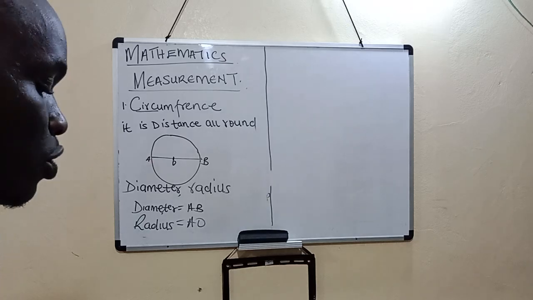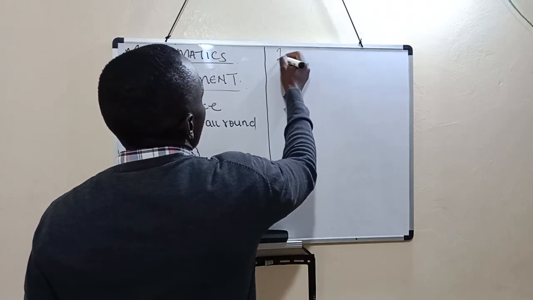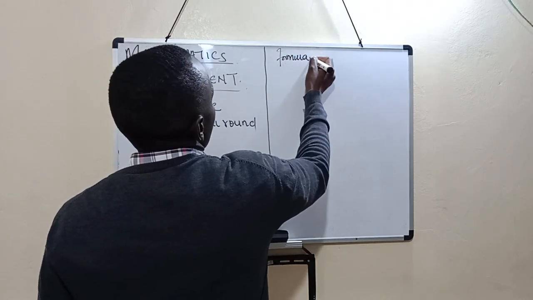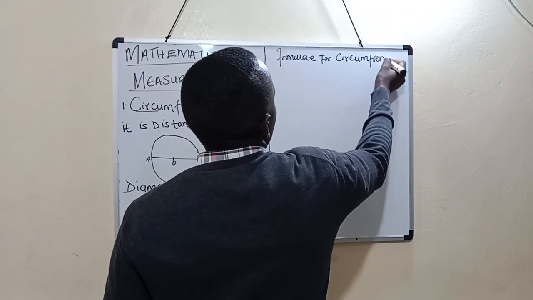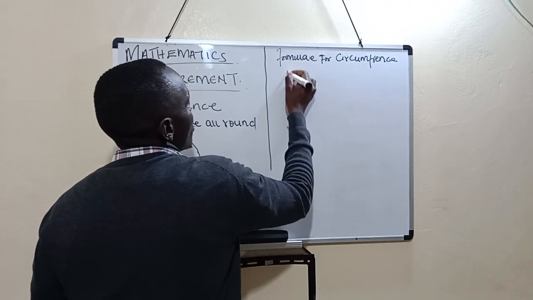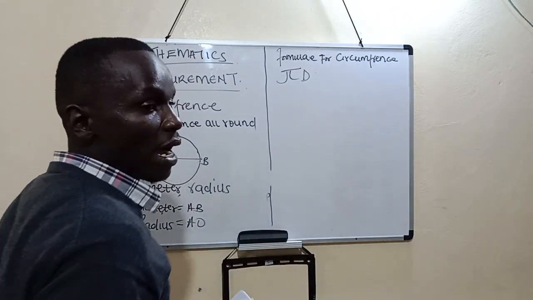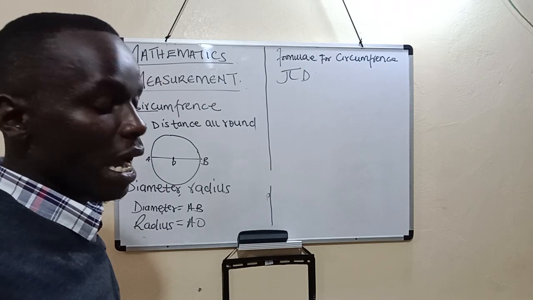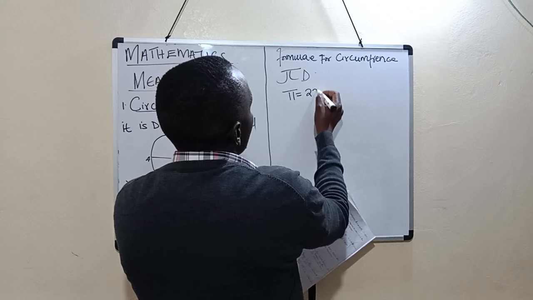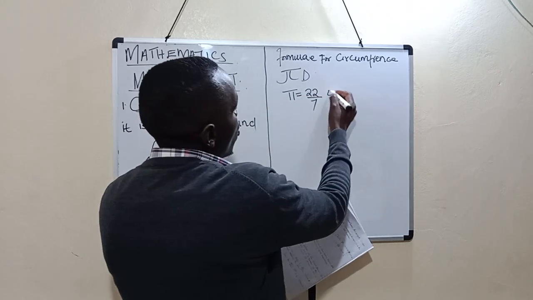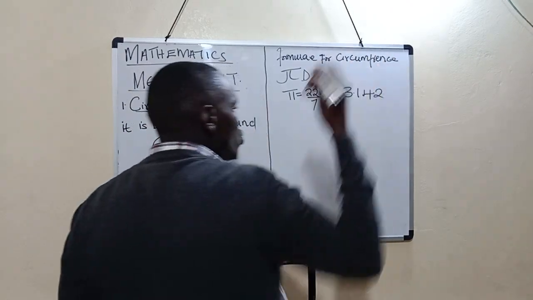Then from there, when you are talking about circumference, the formula for circumference is given by pi, where pi is normally 22 over 7 or 3.14, or 3.142 to be precise.